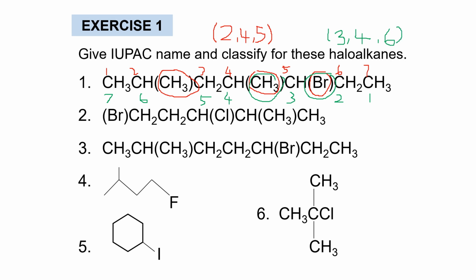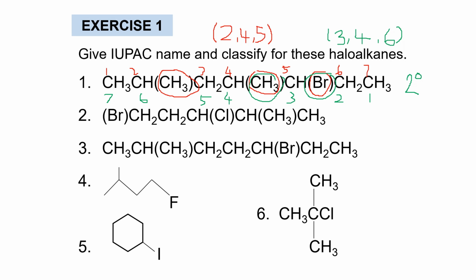Here we have to choose the lowest set of locants for naming, so I will choose 2, 4, 5 instead of 3, 4, 6. So the name would be 5-bromo-2,4-dimethylheptane. The halogen, bromine, is bonded to a secondary carbon, so this class of haloalkane is secondary.